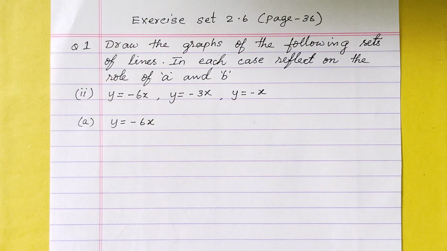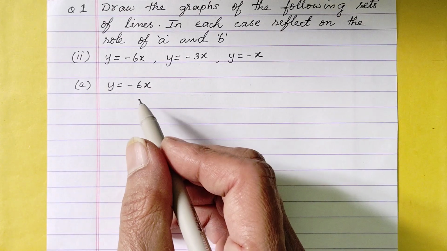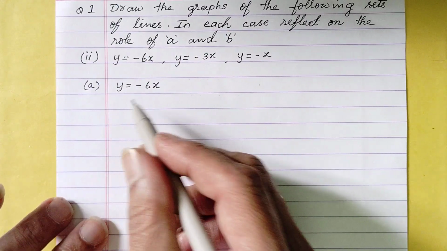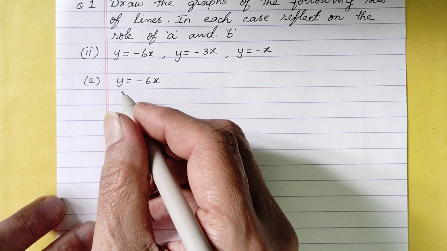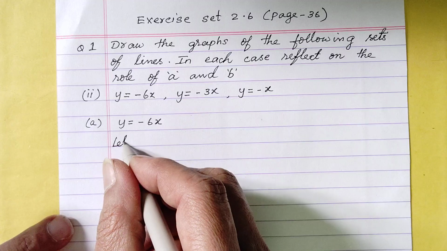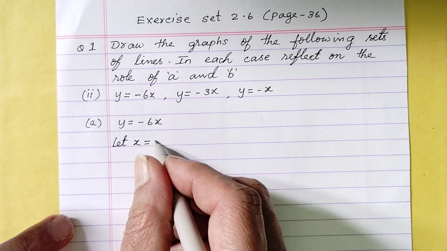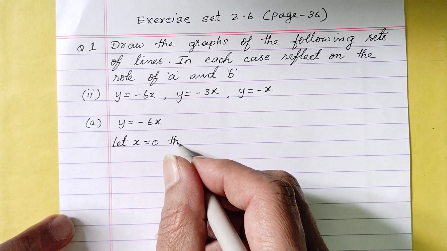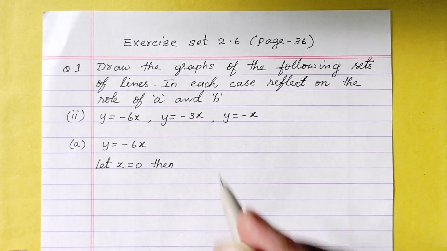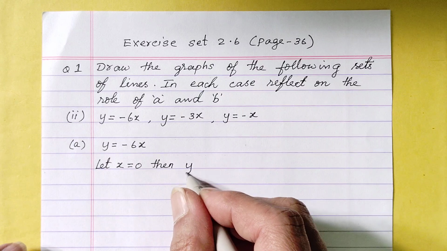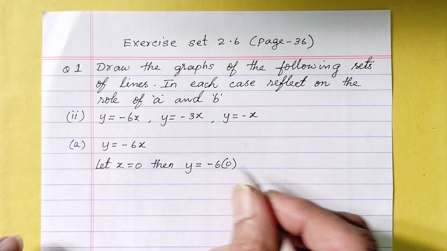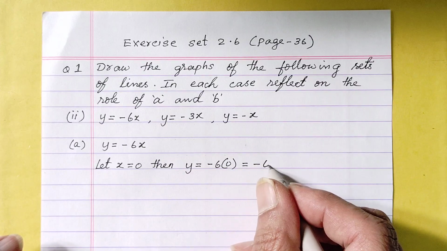So we'll take the first equation, that is y equal to minus 6x. First we will give some value for x, and calculate the corresponding value of y. So let x equal to 0, then y will be equal to minus 6 into 0, that's equal to 0.